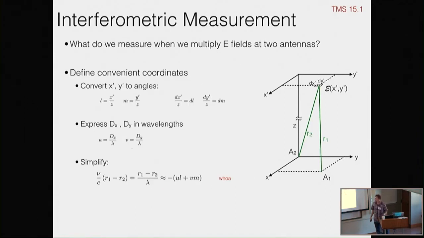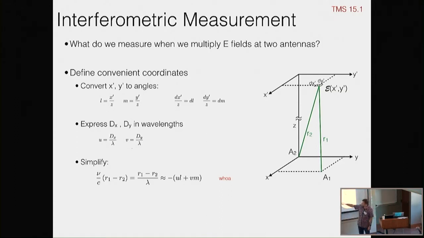Continuing, let's create some more convenient coordinates. So let's define L as x prime, the sky position, divided by the distance. So it's an angle now, right? It's how far is it off from what we're calling 0, our pointing center, divided by the distance. It becomes an angle. And m is the same thing in the y direction. Then the differential versions would be dl and dm, because these factors appeared in the integral before.